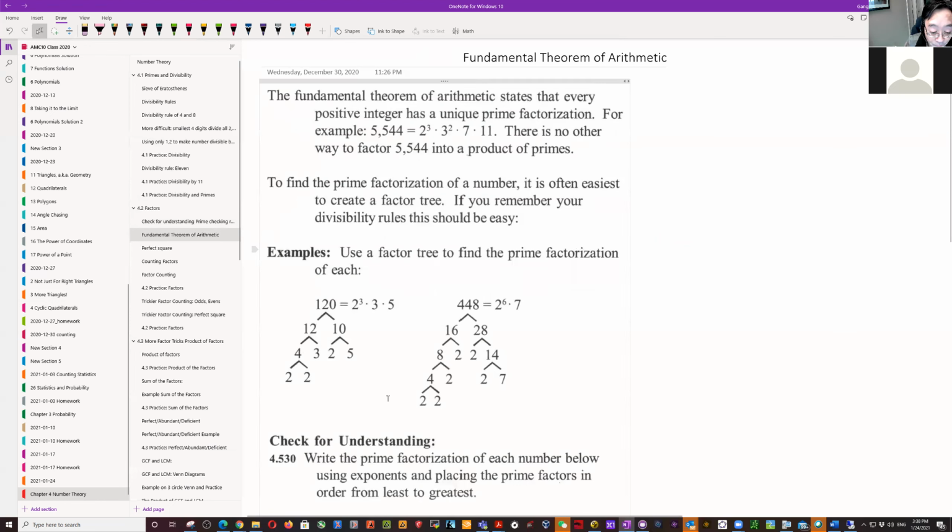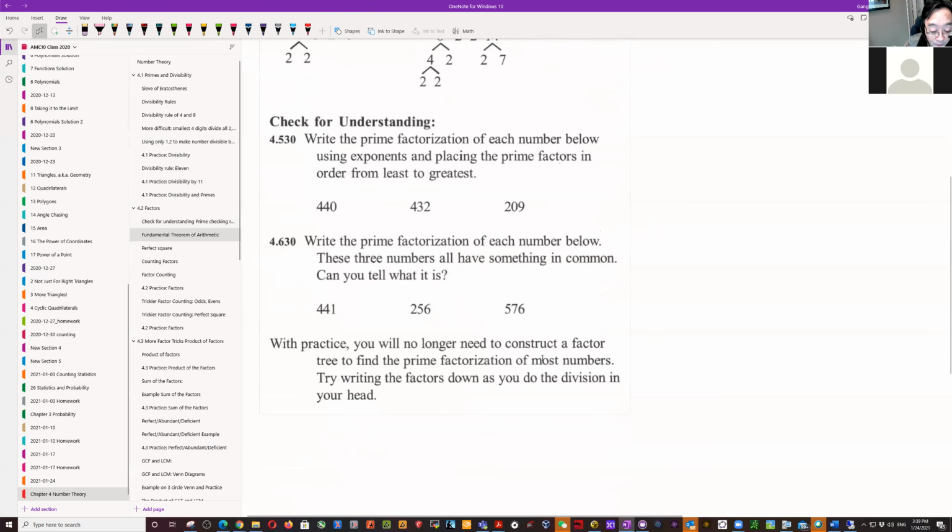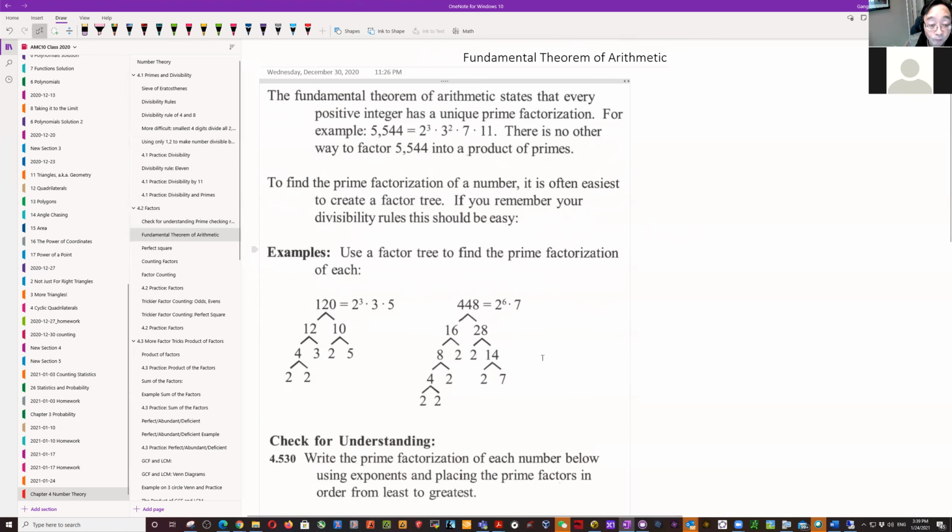After you prime factorize it, if you order the primes in ascending order and put their indices in exponent format, there's only one way to write the prime factorization. So this is the keyword: a unique prime factorization.